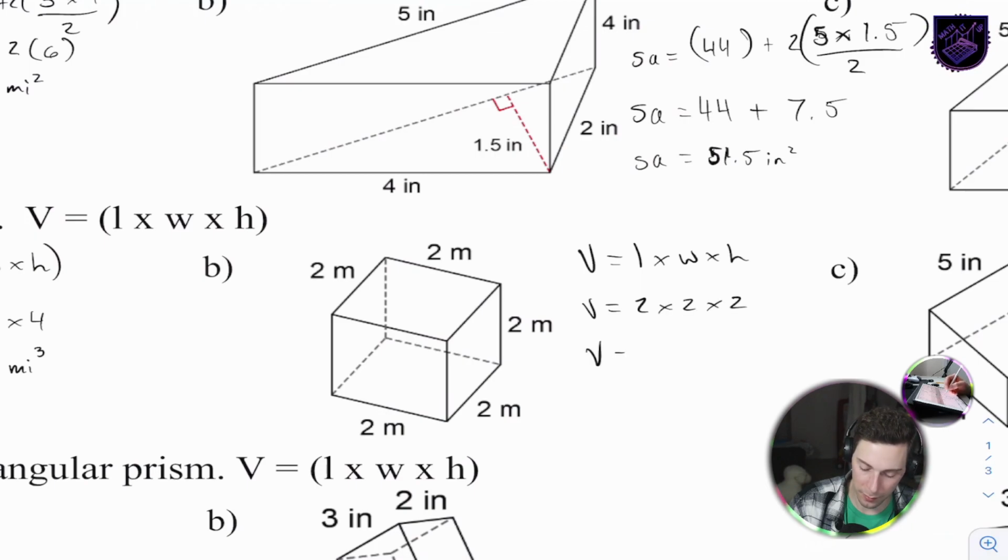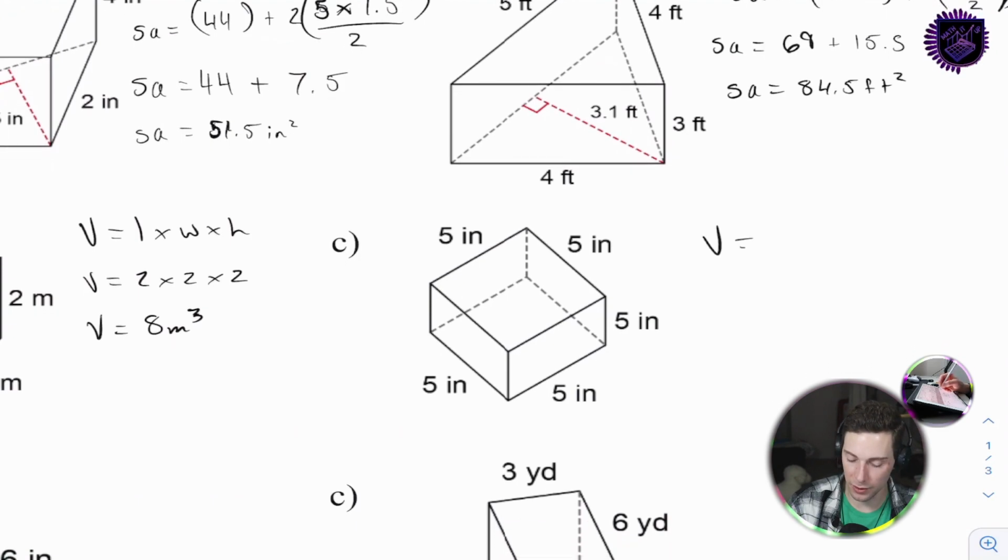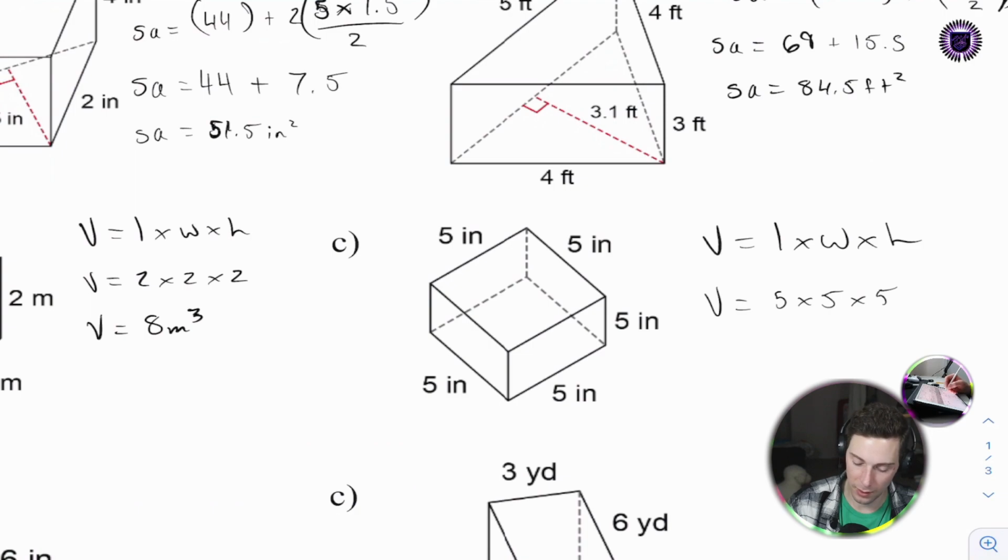The volume will be equal to 8 meters cubed. Next one, C. Volume of the shape will be equal to the length times the width times the height. That means the volume is equal to 5 times 5 times 5. 125. Volume equals 125 inches cubed.